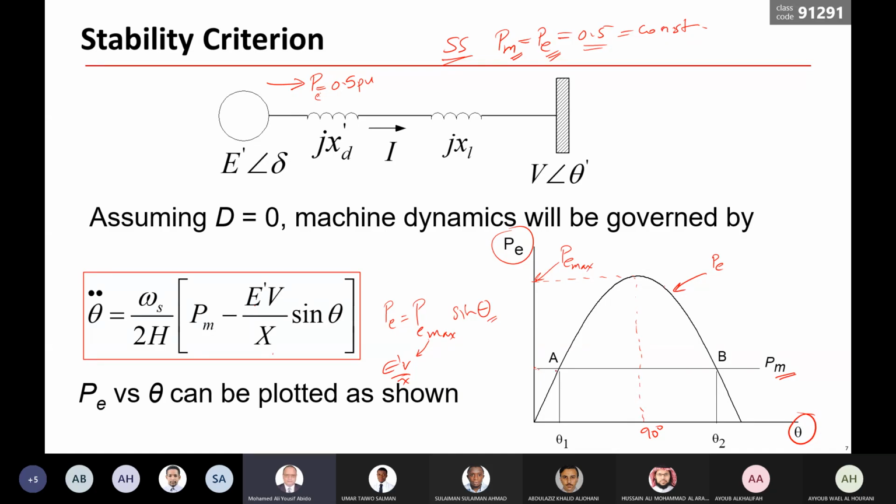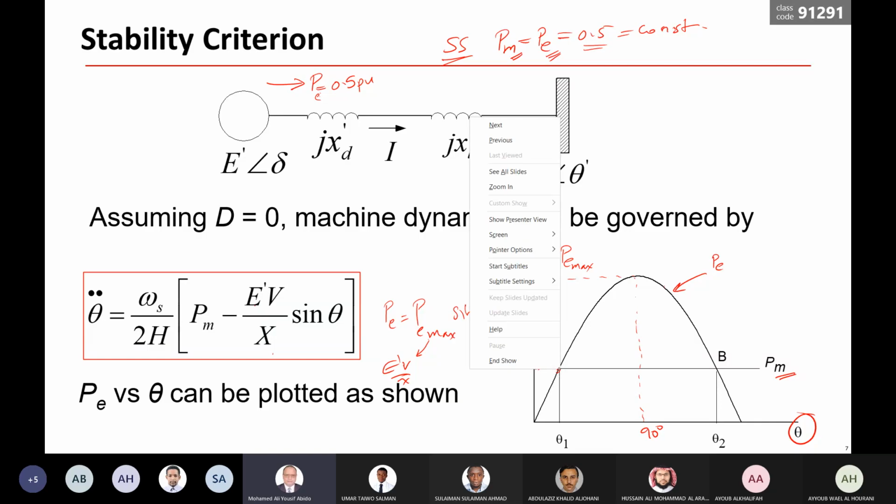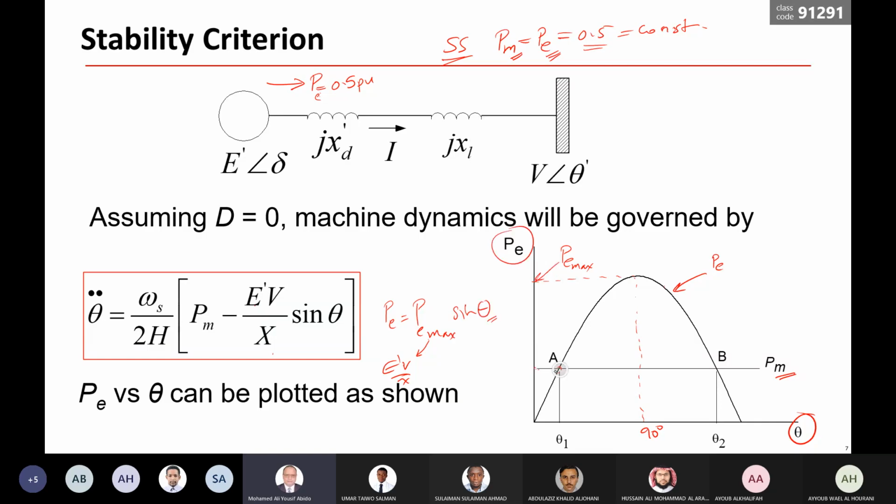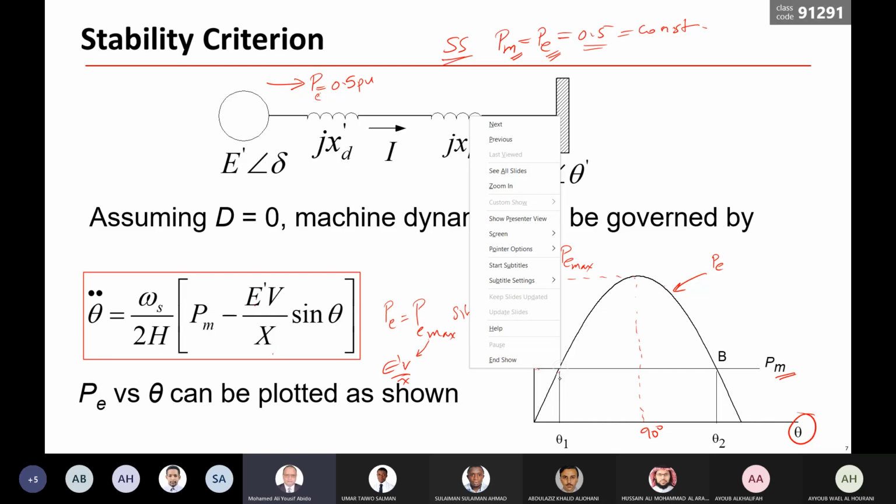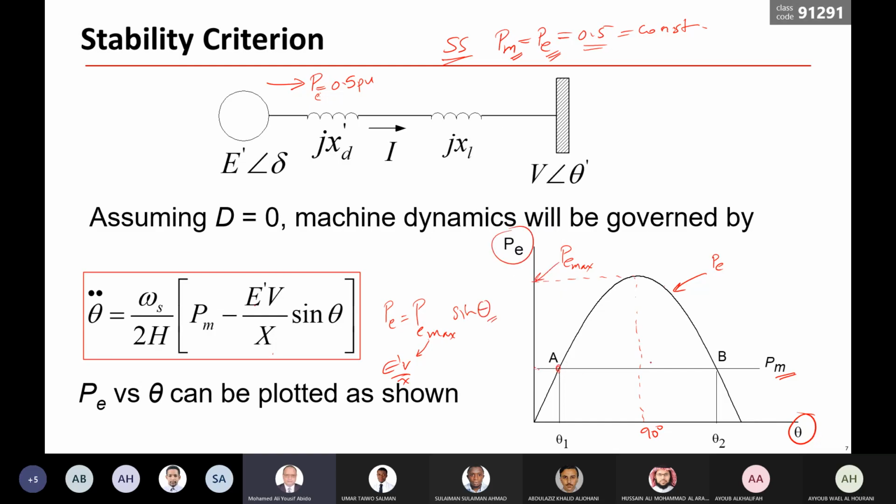The intersection between P mechanical and P electrical gives you the equilibrium point. As you can see here, we have two equilibrium points. A is an equilibrium point, P mechanical equals P electrical, and B is also an equilibrium point where P mechanical equals P electrical.